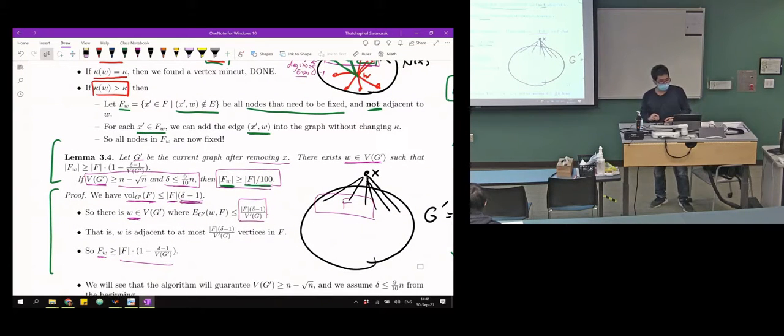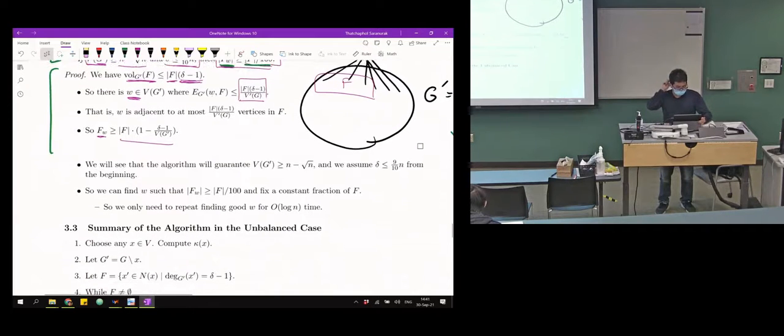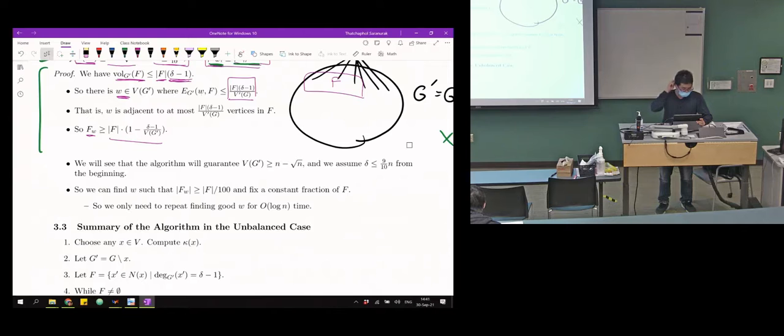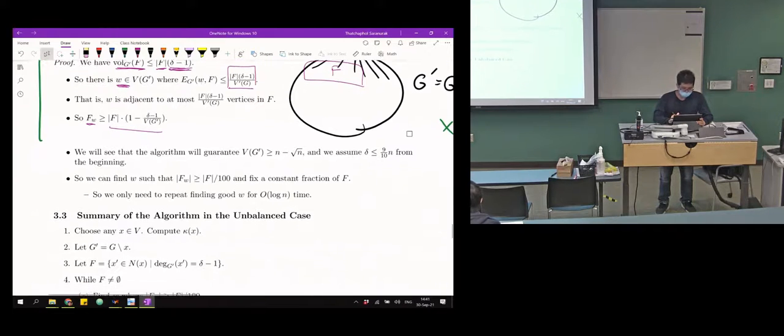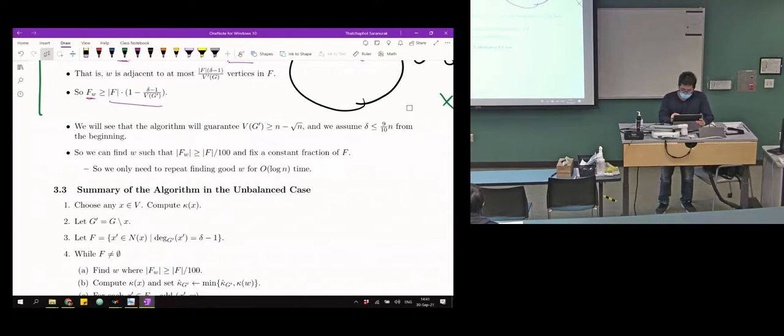Which means that you can fix a lot of things using W. Now I'm going to summarize the algorithm very soon, but you will see that in the algorithm, the number of nodes in the graph that we work with is always going to be big, and we assume this.